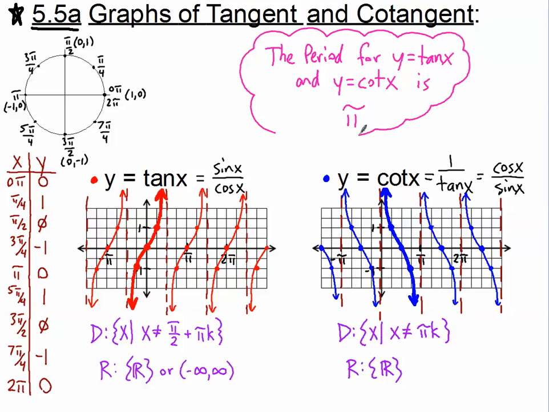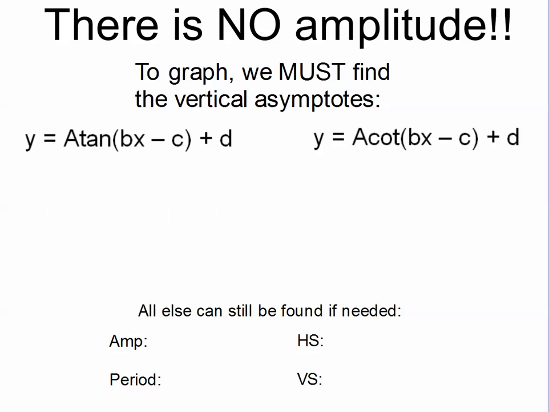So we have a different period for the tangent and the cotangent graphs. I have one little note about amplitude on my next slide. Okay, I lied. It looks like it's a very big note. There is no amplitude when we're talking about the tangent curve or the cotangent curve.